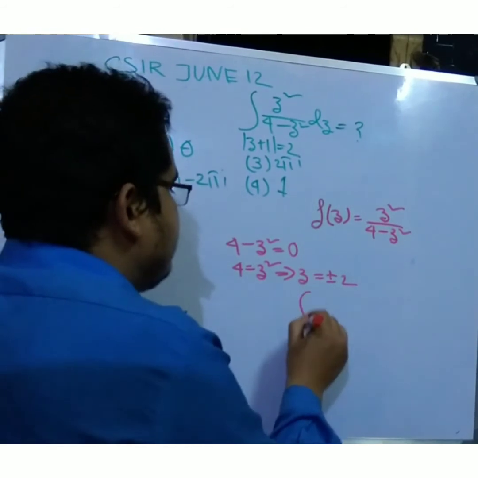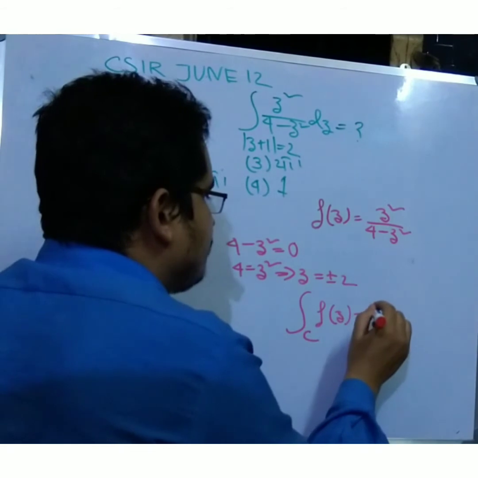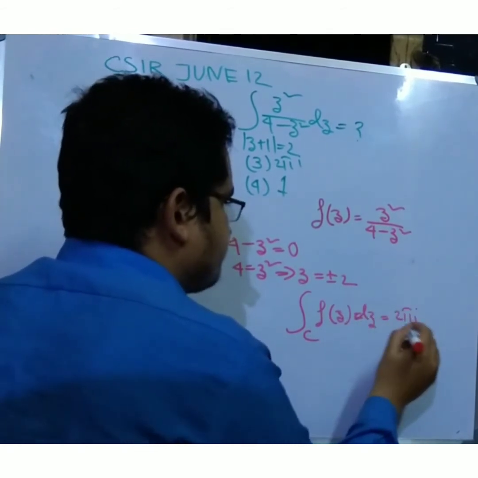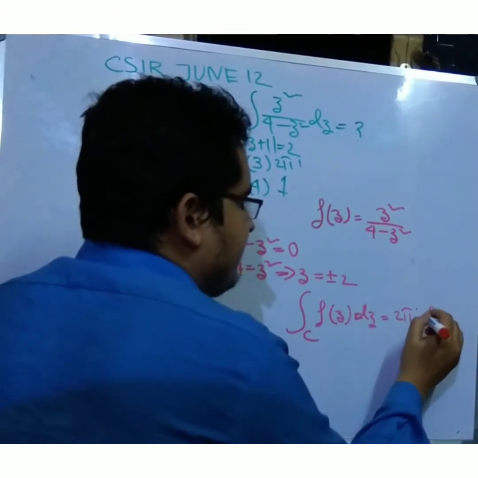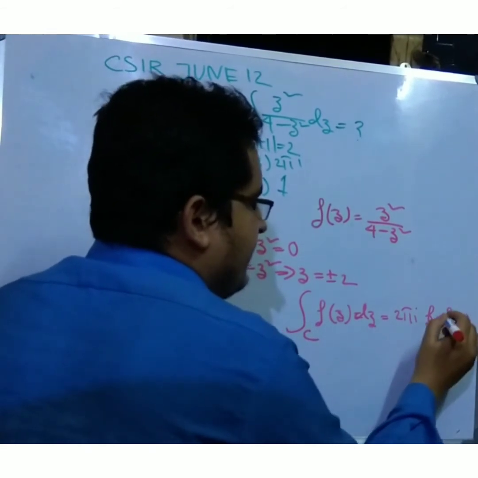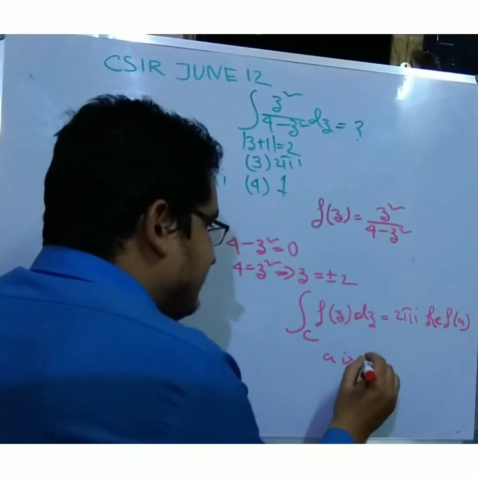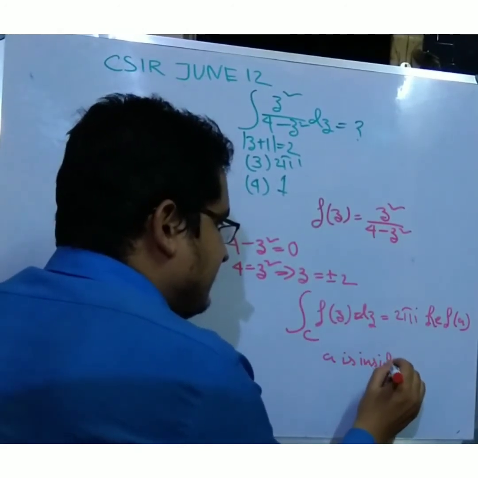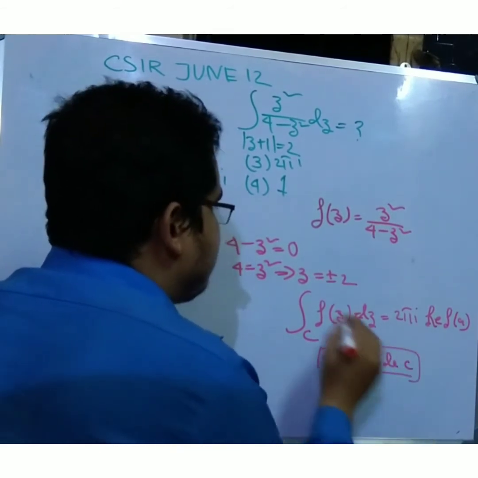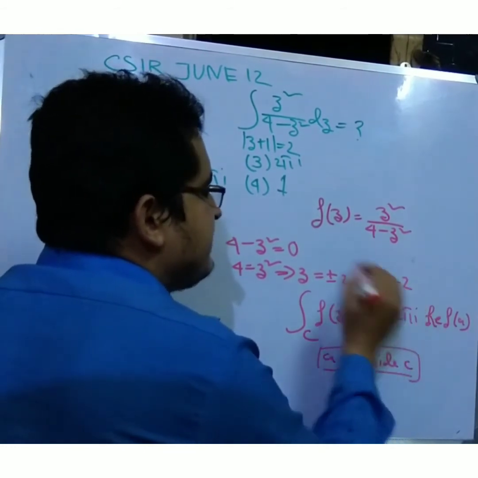Now this is the loop C. The integral of f(z) over C, dz, equals 2 pi i times the residue of f at a, where a is inside C. So I have to check these points, z equals plus minus 2, whether 2 and minus 2 are inside.